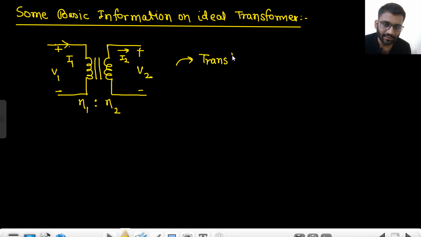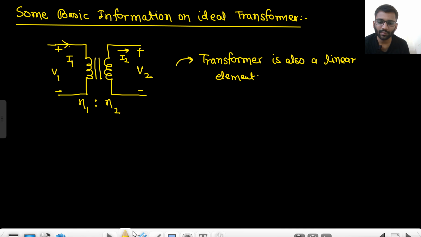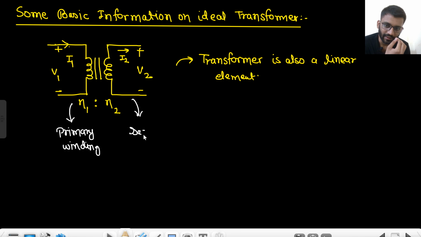Transformer is also a linear element. In a transformer there are basically two windings. This winding is called primary winding, and this will be called secondary winding.